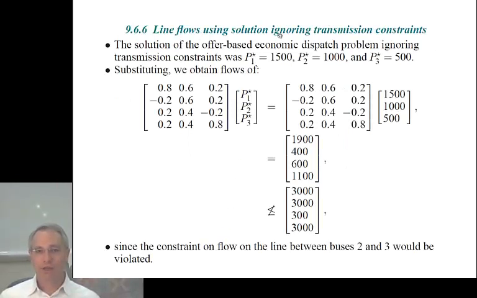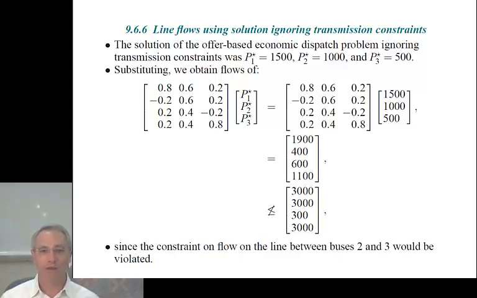Although we've gone through and calculated the representation of the transmission constraints, let's ignore transmission constraints for a moment and consider offer-based economic dispatch ignoring transmission constraints. You may remember that the solution was P1 star is 1500, P2 star is 1000, P3 star is 500.